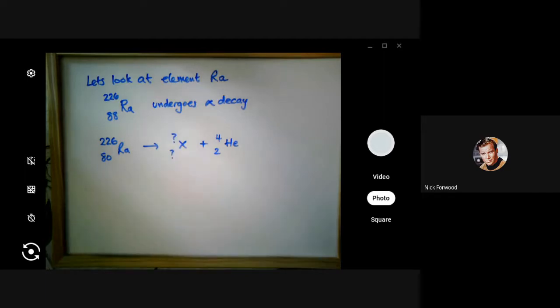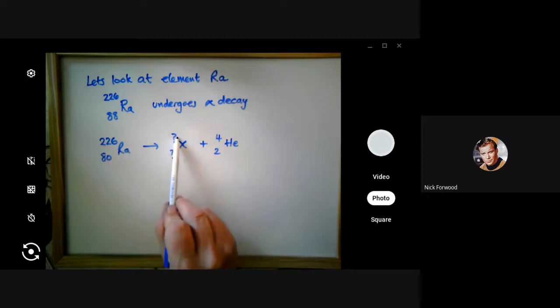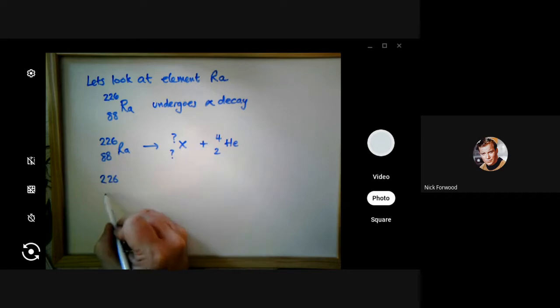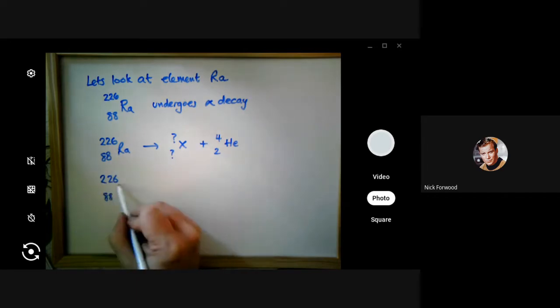Well, it's quite simple actually, because what we've got to do is make sure that the numbers on the top on both sides of the equation balance, and the numbers on the bottom on both sides balance. So what does that mean? Well, that means that to balance this equation, I've got 88, 226, radium.